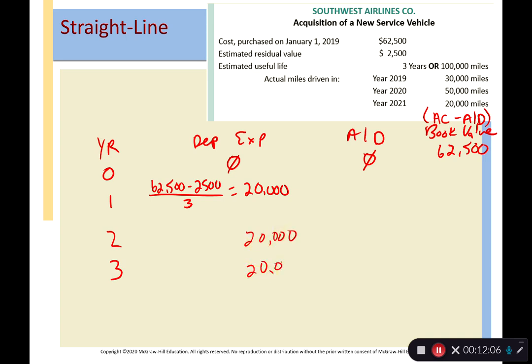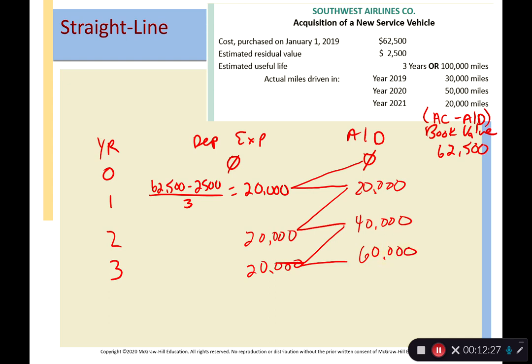So there's no point in recalculating it. It's going to be the same number each year. Then my accumulated is going to accumulate. So we start with 0 plus 20, and we get 20 at the end of year 1. Then 20 plus another 20 brings me up to 40. And then 40 plus 20 brings me up to 60.